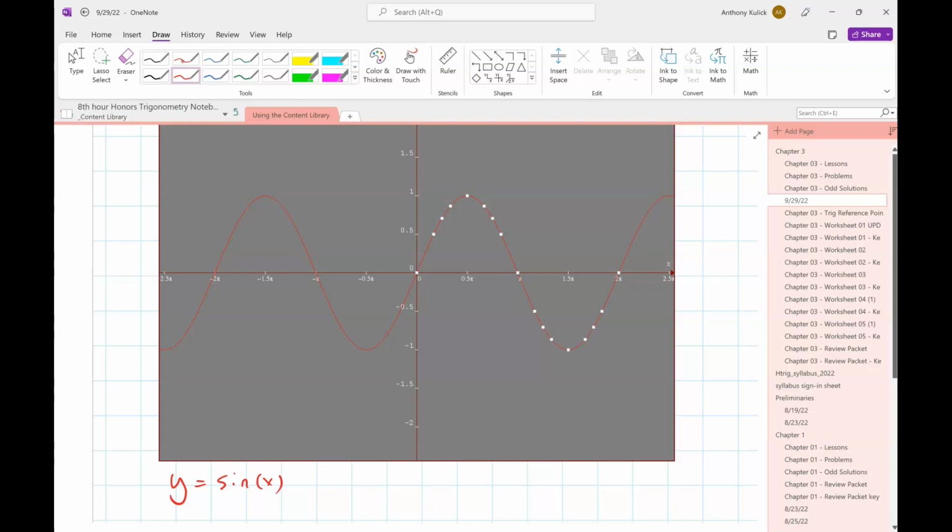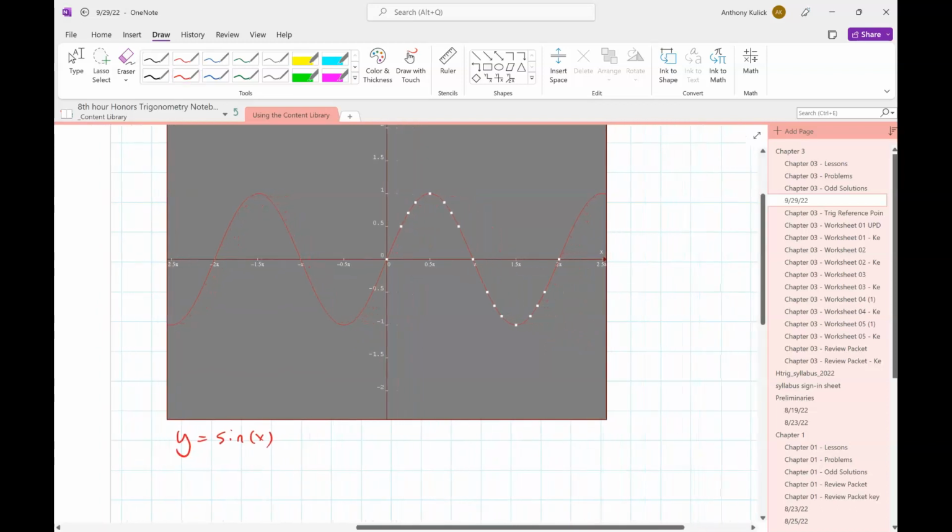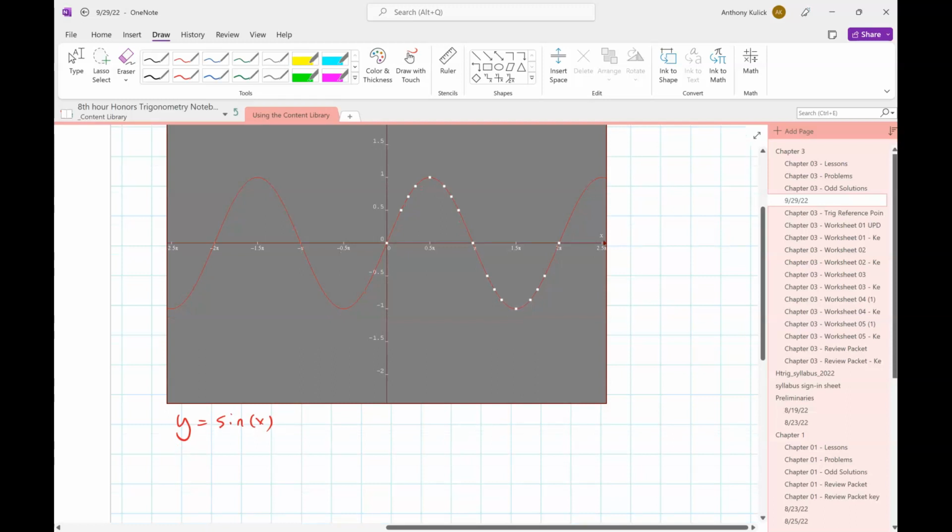So let's talk a little bit about this picture, or about some of the characteristics for the sine function. What's the domain going to be here? What's that? You mean all real numbers?